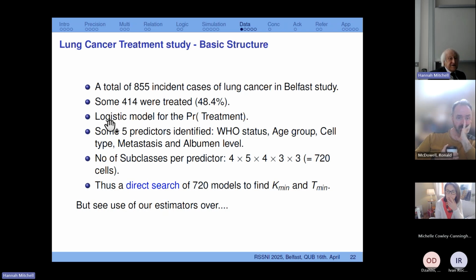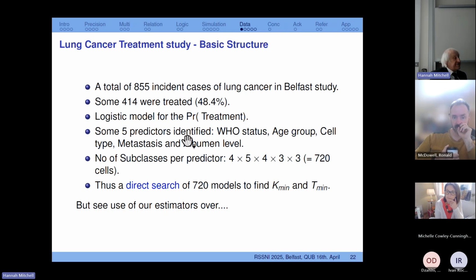And so we're now having a logistic model for the probability of treatment. Okay, who got treated, who didn't get treated? What factors influence that? So could we improve it? Once we understand what factors are predictive of it, maybe we could influence something.